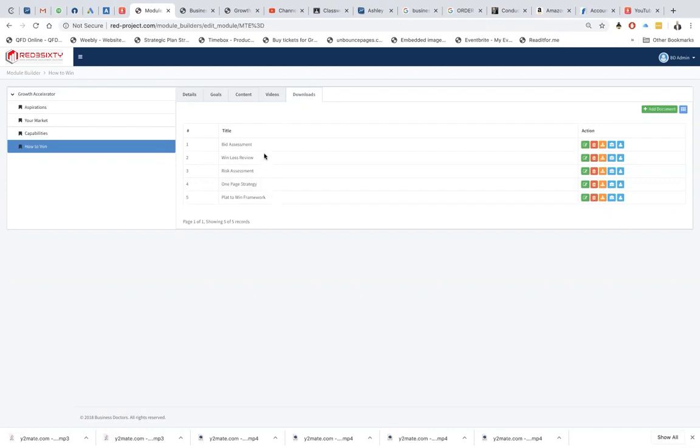This module specifically will focus on the play to win framework and the one-page strategy, but we've also included bid assessment, win-loss review and risk review as three of the additional assessments for this module. Remember, this module is aimed at figuring out how not to just play not to lose.